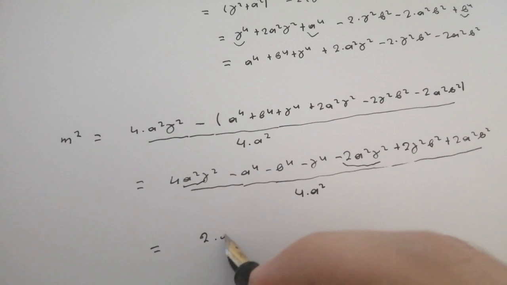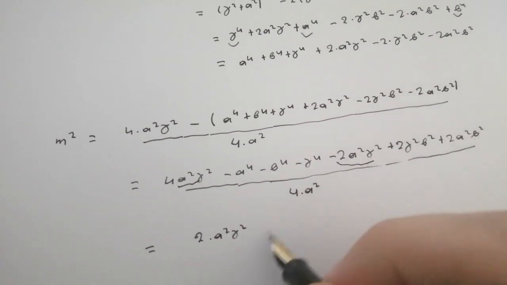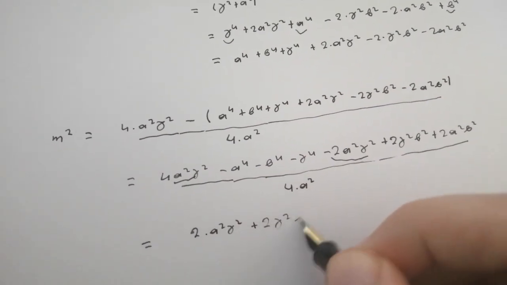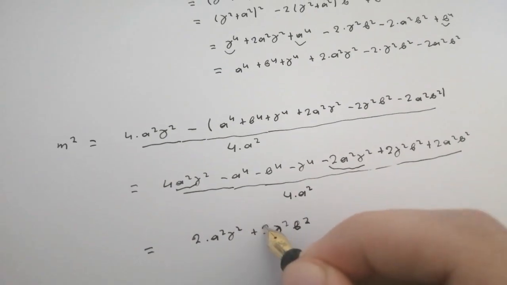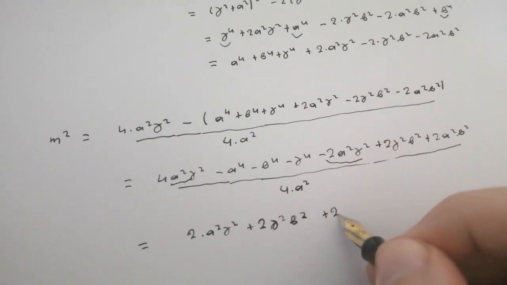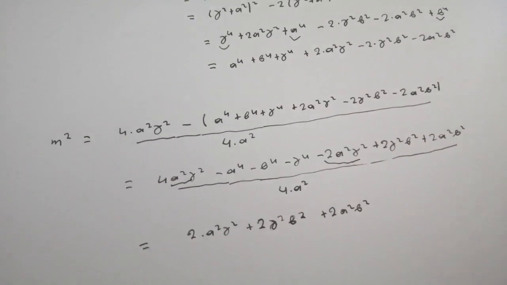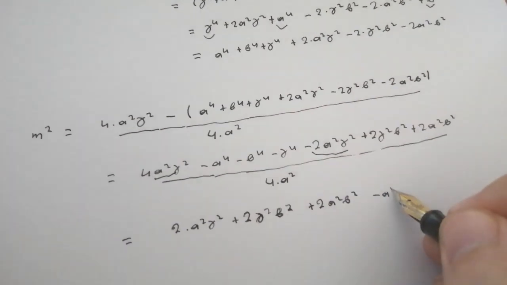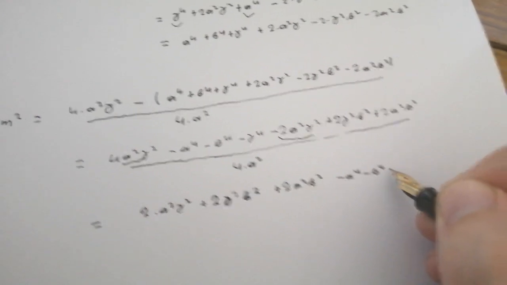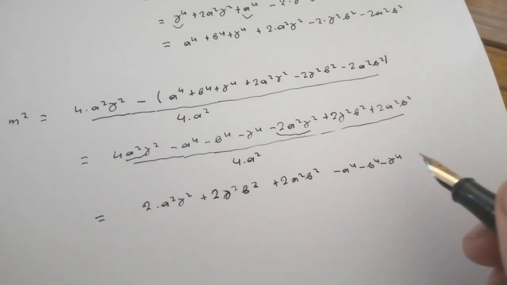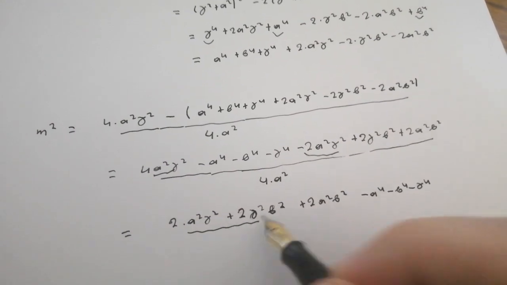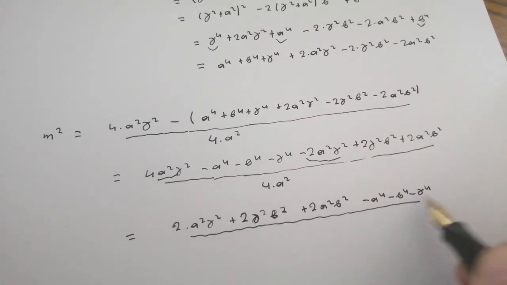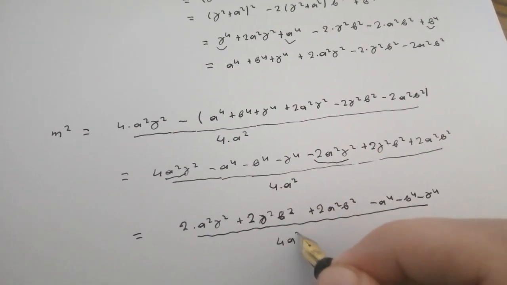So it's 2 times a squared gamma squared plus 2 times gamma squared beta squared plus 2 times alpha squared beta squared minus a to the power of 4 minus b to the power of 4 minus gamma to the power of 4, and this goes over 4a squared.